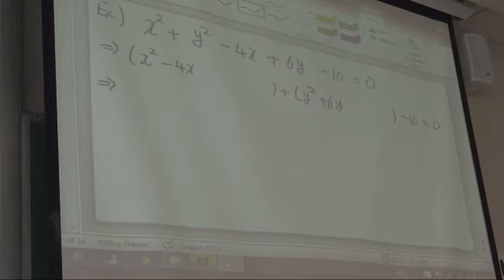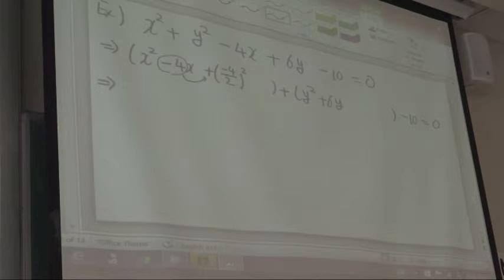To make that, we take the number negative 4 and then add negative 4 over 2 and square, which is 4, right?